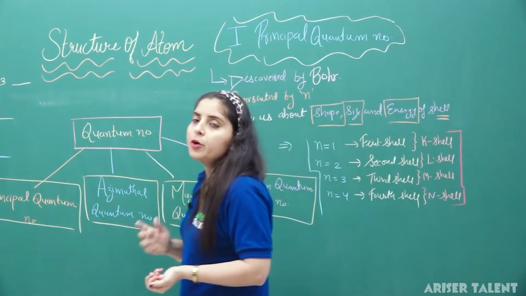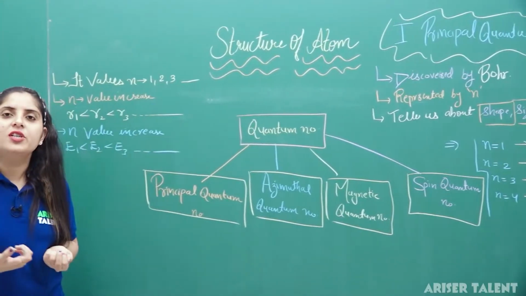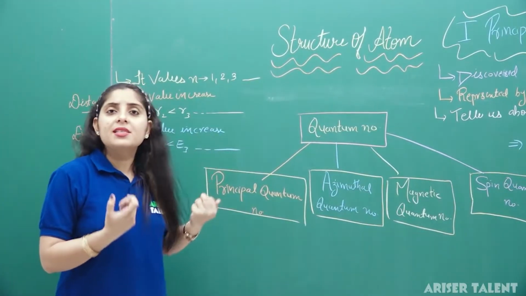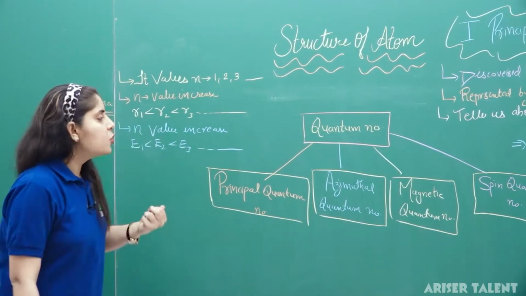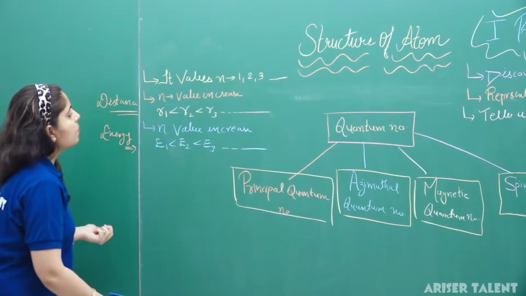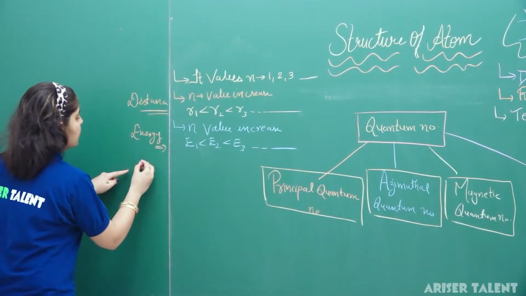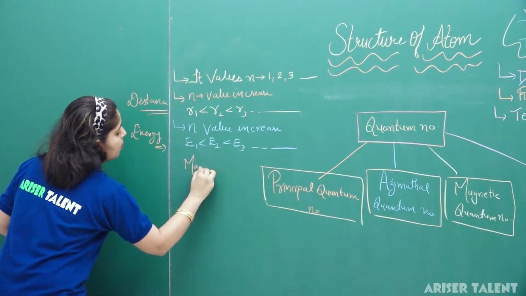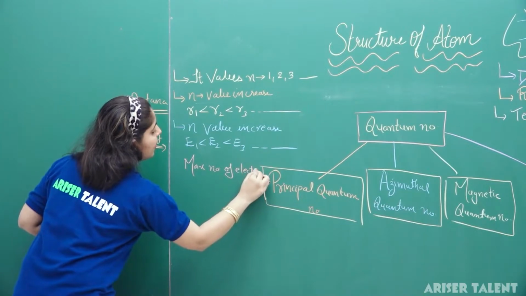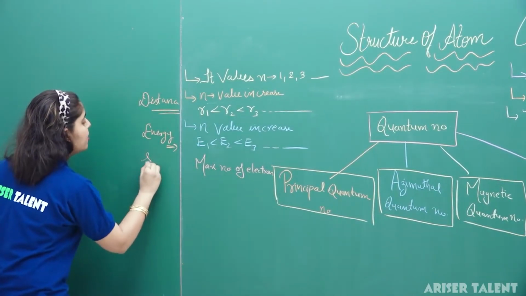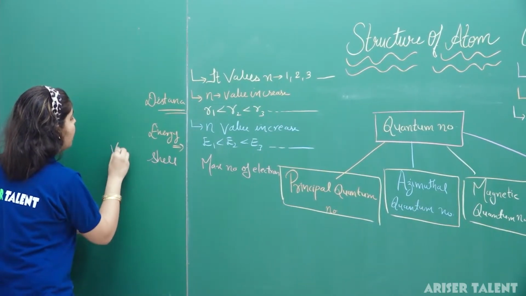Now what we want to do, we want to calculate the maximum number of electrons in a particular shell. So for counting the maximum number of electrons in a shell, we have a formula, that is 2n square. So now we want to calculate the maximum number of electrons. We have the maximum number of electrons and we have a shell, and here we have a value of n.